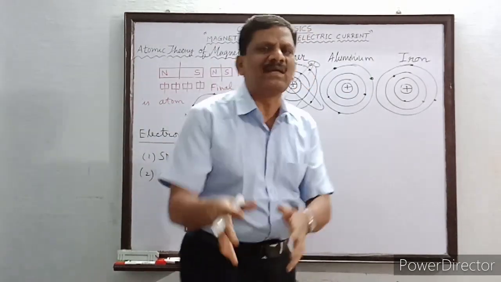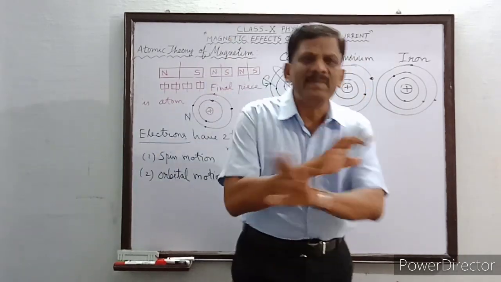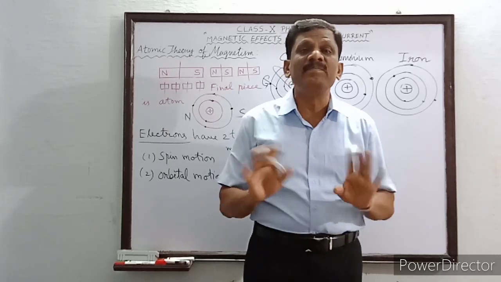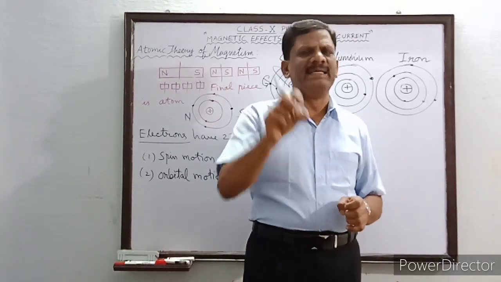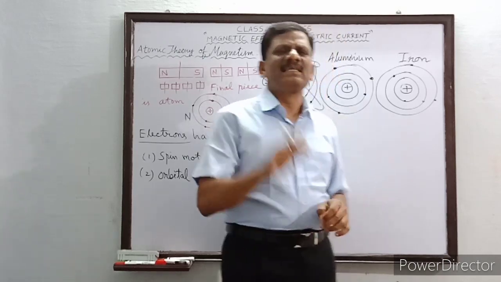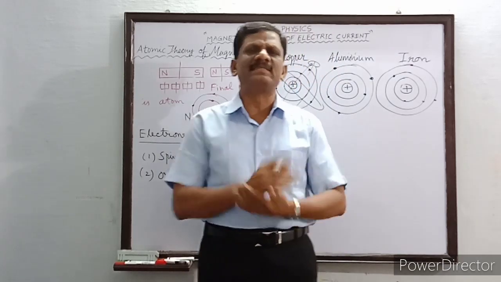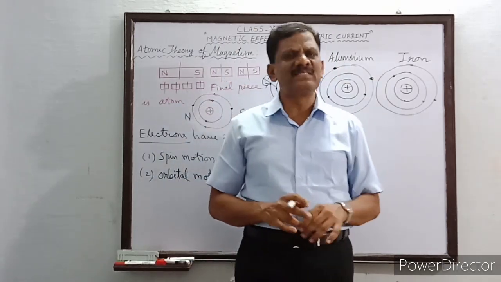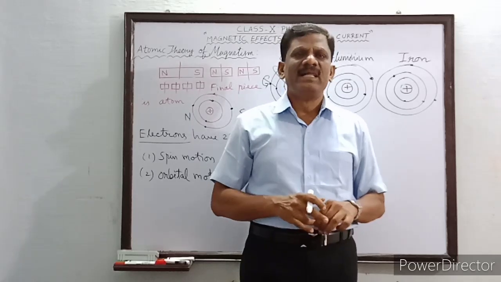In aluminium atom also, if you add the magnetic moment of all the electrons present in the aluminium atom, it will not be equal to 0. There will be some minimum magnetism remaining. Just like when plus 7 and minus 5 are added, what will be the difference? 2. And when plus 7 and minus 7 are added, it will become 0.